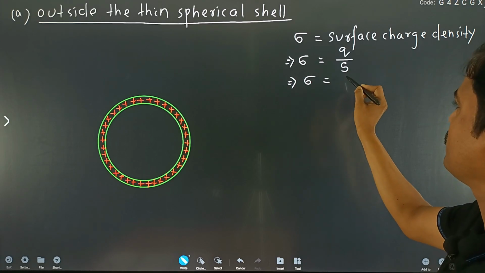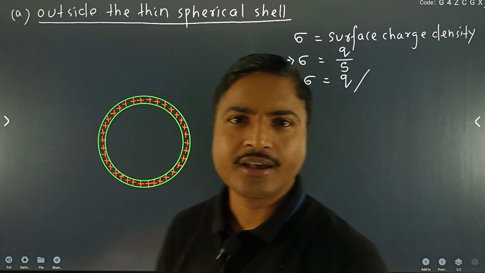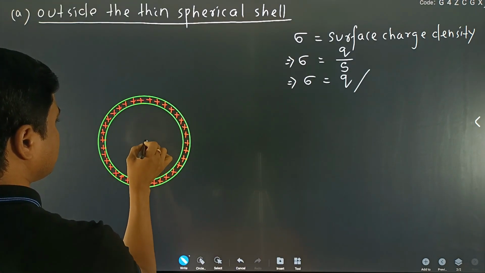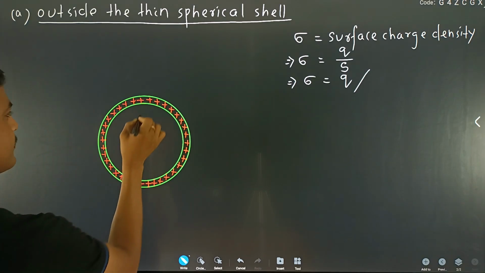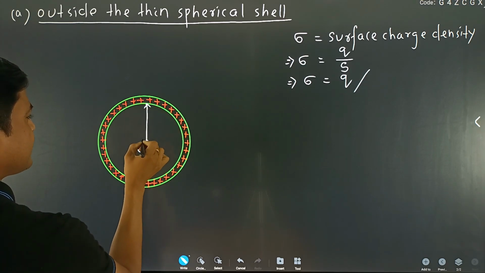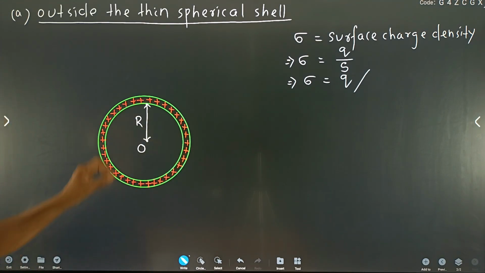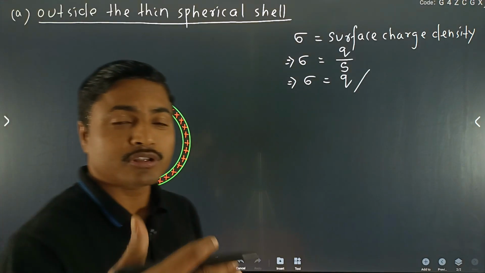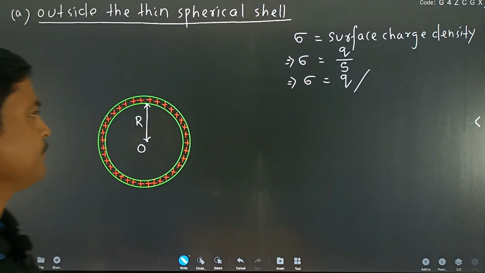And that implies sigma is equal to Q divided by S, where S is the surface area. In this case, suppose this point is the center of the thin spherical cell, and this is the radius of the thin spherical cell, which we write as R. The thickness of the thin spherical cell is very small, so the outer radius is equal to the inner radius, both are approximately the same.